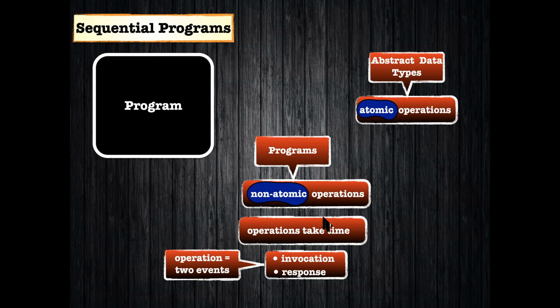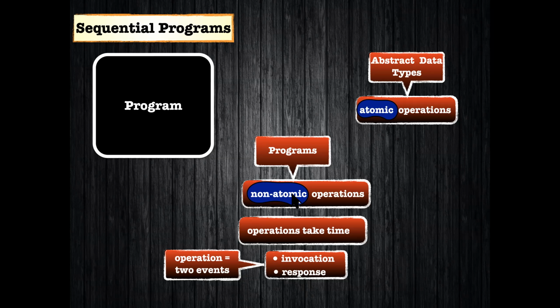The intuition is that an operation is not atomic because in practice it takes time. Therefore we refined the notion of an operation to being two events: an invocation, in which you give the method name that you are trying to execute together with the input value, and a response, which comes later from the program and gives you some value.